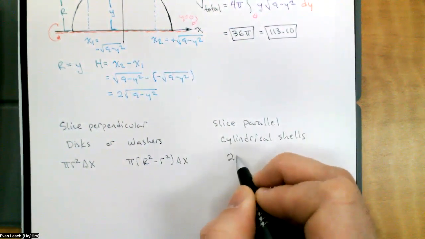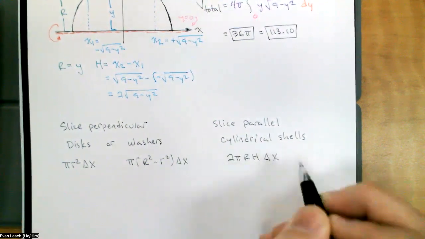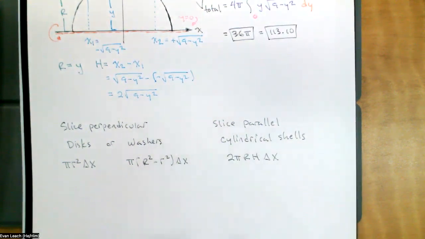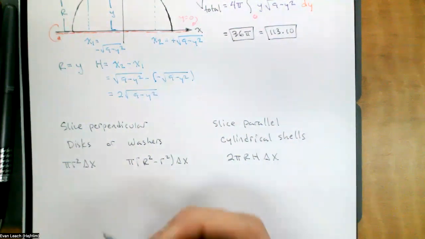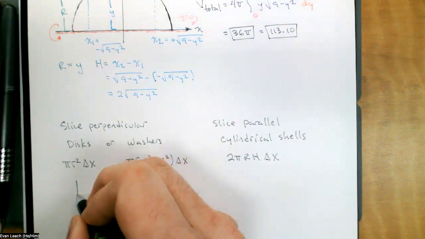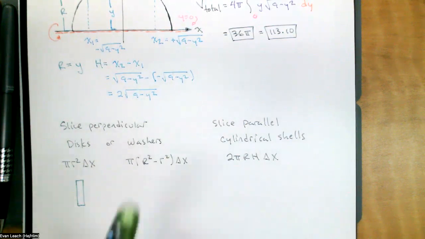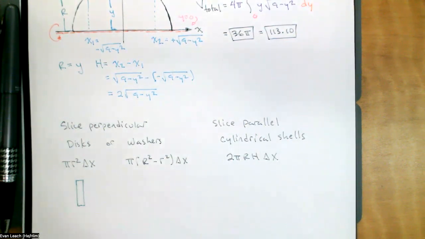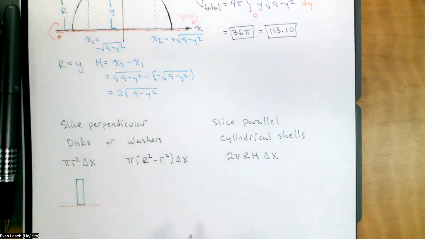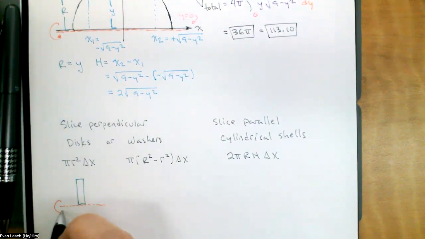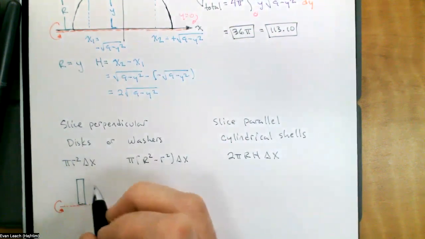And the volume of the slice will be 2 pi times the radius times the height times the delta variable. You get discs if the axis of rotation is a boundary of the region. And so all you need is one radius.